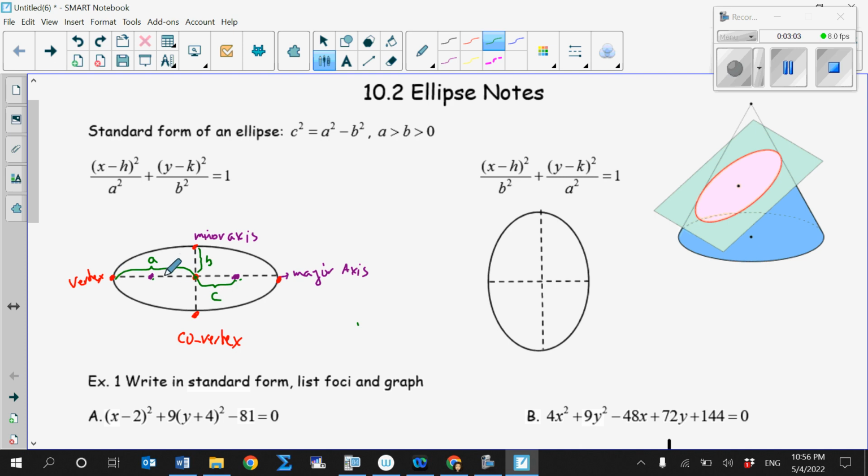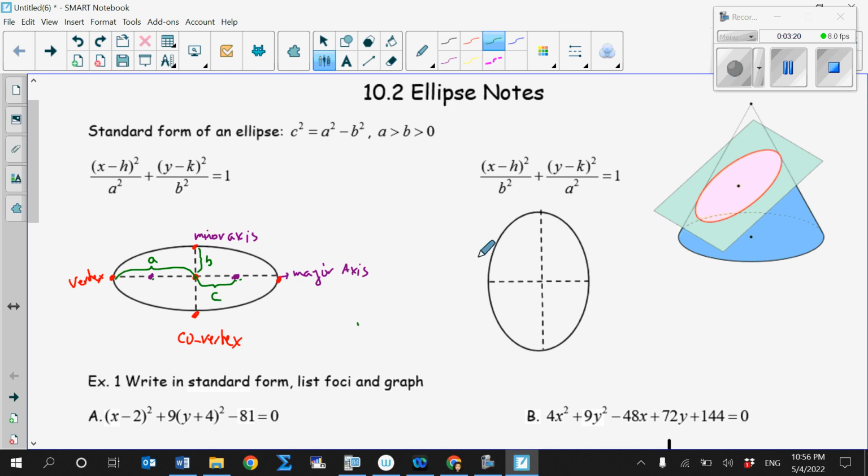So A is half of major, B is half of minor, C is the distance between focus and the center. So if half of major is A, of course the major itself will be 2A, and the whole minor will be 2B.